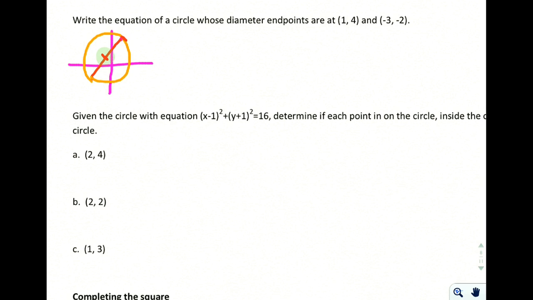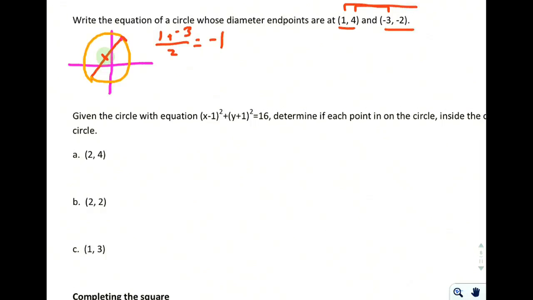So let's go ahead and start by finding the center. One thing we know about the center of a circle is it's also going to be the center of the diameter. So if we know the endpoints of the diameter, we can find the midpoint of these two values. The middle of our x's first, of 1 and -3: we can add 1 plus -3 divided by 2, and that's going to be -1.